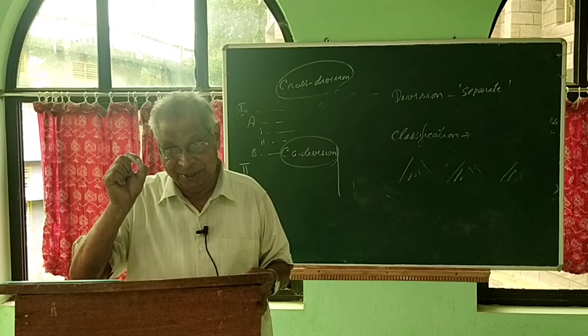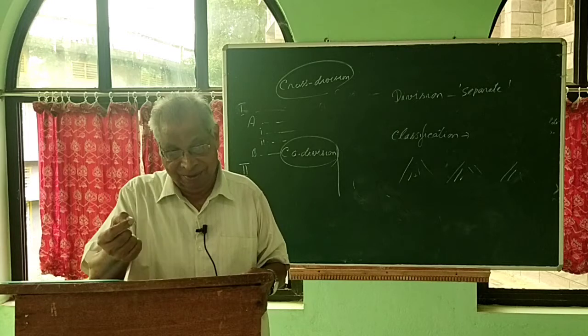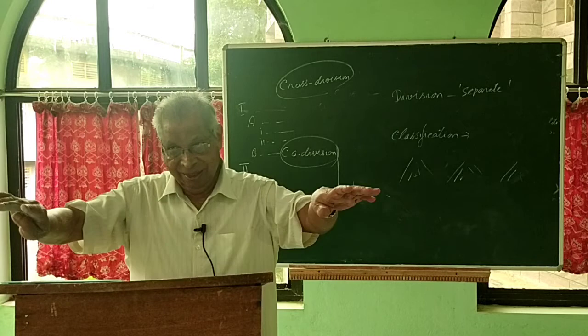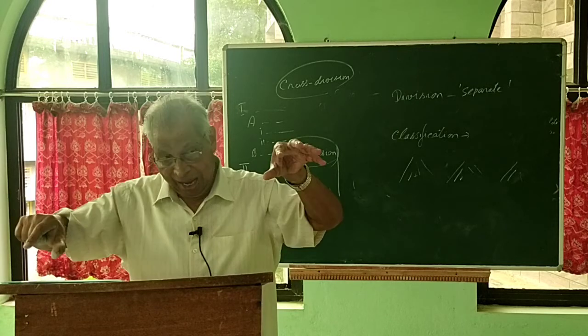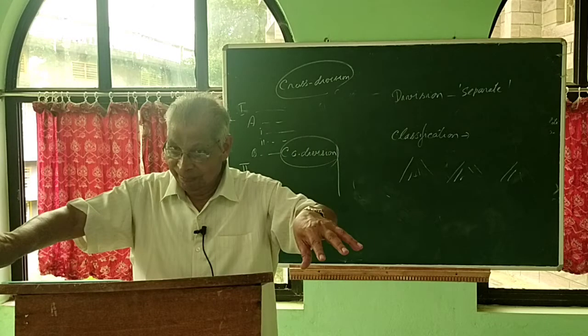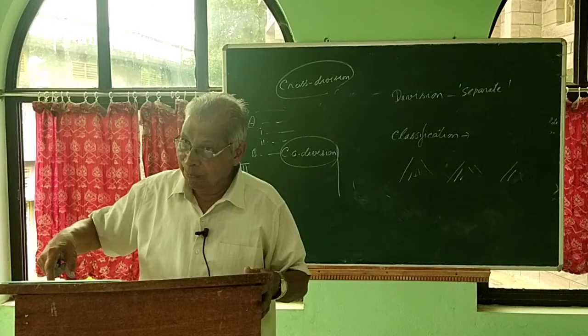It looks apparently very simple, but in order to have a clear picture, we must know what exactly division is: separating based on difference. Africans are different from Asians, we separate them. But when you classify, there are so many people here.